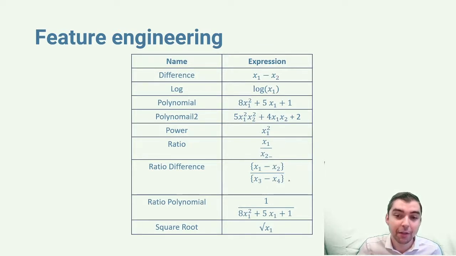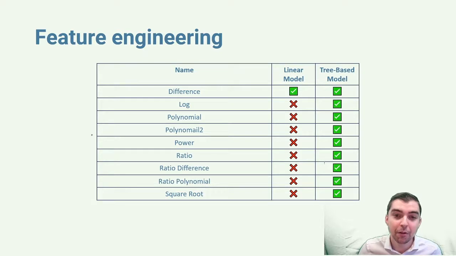As you can see, there are a lot of different things you could do with your variables to increase the predictive power. You could just take the difference, a log, you can make polynomials, powers, ratios of polynomials, and so forth.